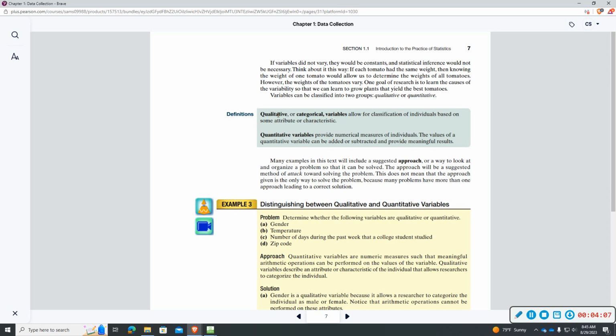So like if I wanted to do a study and find out the average hair color, I would just count different colors, either blonde or black or brown, red, whatever the case may be, you would just count those, and whichever one was the most. You can do the same thing with eye color.